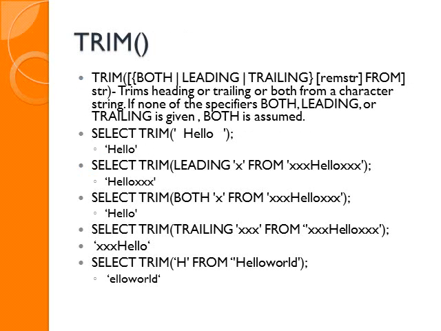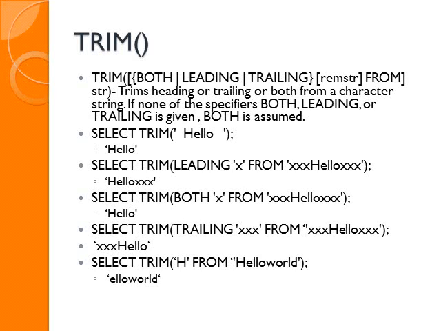Trim function. It trims leading or trailing or both spaces from the character string which is given as an argument to this function. If none of the specifiers, both, leading or trailing, is given, then by default both is taken. Let us see an example.